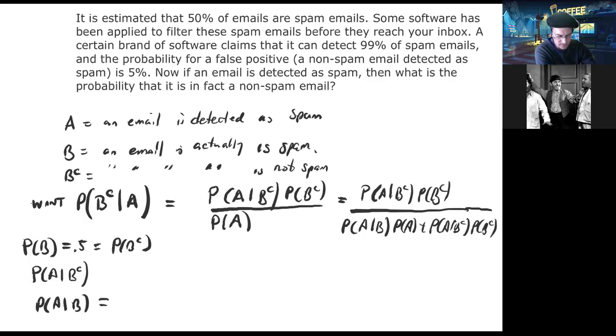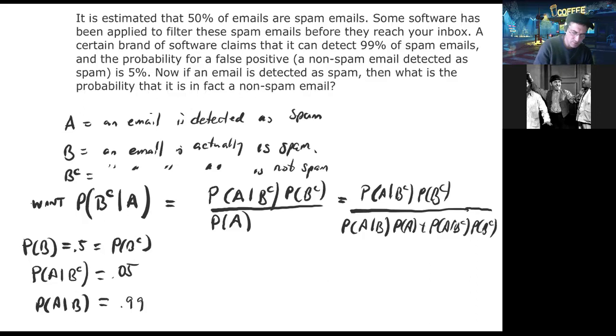And according to the second sentence of the problem, 99% of the spam emails are detected. So the probability of A given B is 0.99. That's what that says. And then what about the probability of A given B complement? Well, B complement is saying that it's not spam, but A given B complement means the program is going to think you have spam even though you don't have spam. And we know that's 5% of the time, so the probability is 0.05.